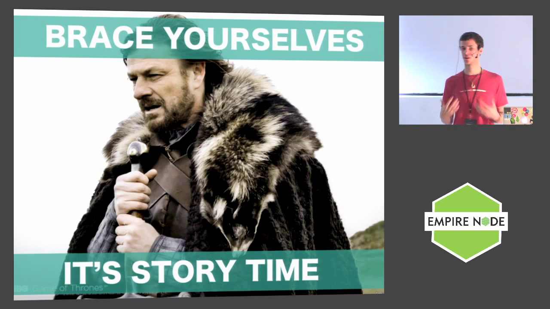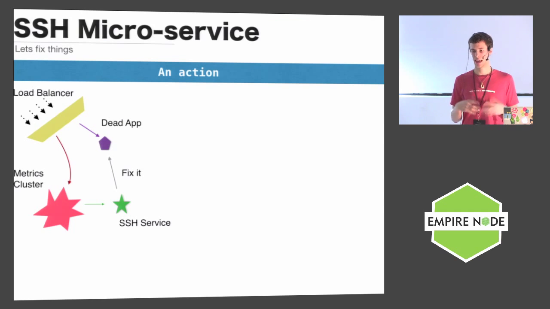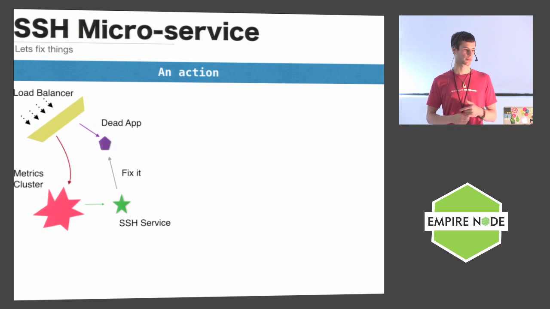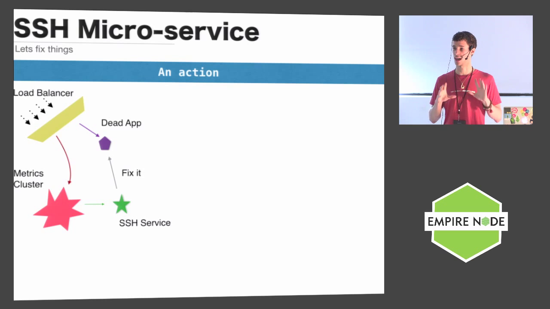Okay, so I want to tell you a little story about my own experience at Nodejitsu. I made what's called an SSH microservice. As I mentioned, at Nodejitsu, we run other people's applications in our cloud infrastructure and monitor them and make sure that they stay up.